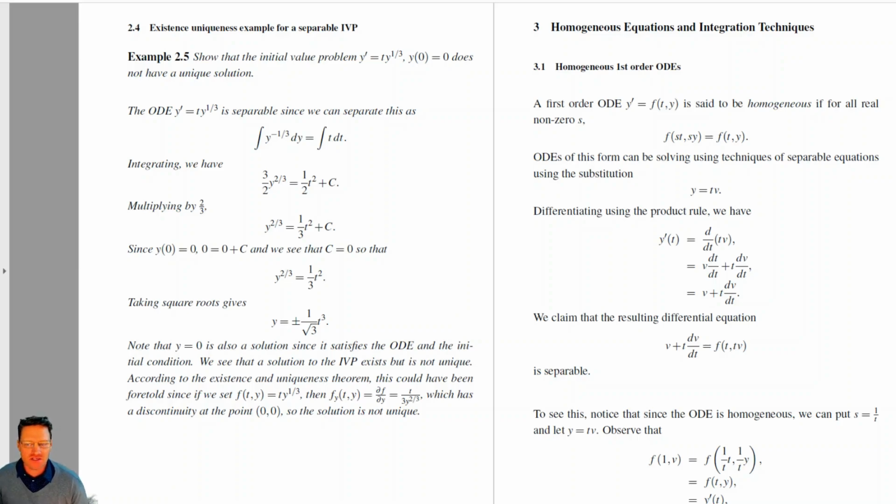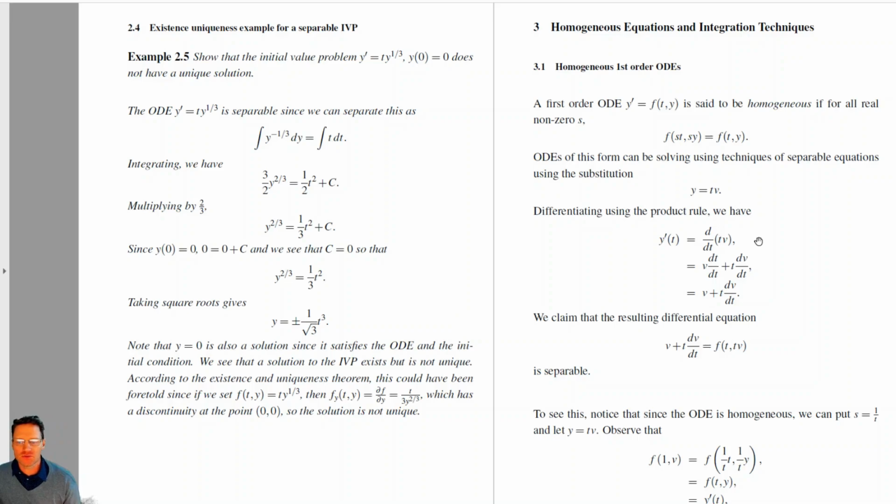So now let's first differentiate this using the product rule. We have y dash, the derivative of y with respect to t, equal to the derivative of t times v, replacing y with tv.